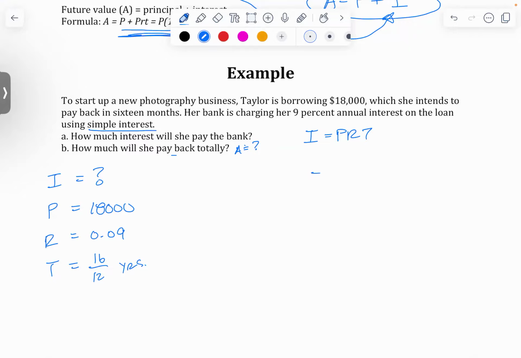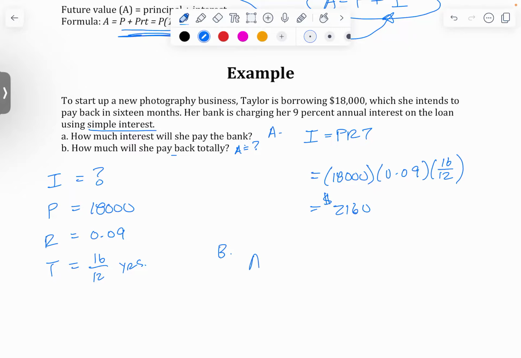And then we can plug into our formula. That gives us $2,160. And then, right, that's how much interest she will pay.